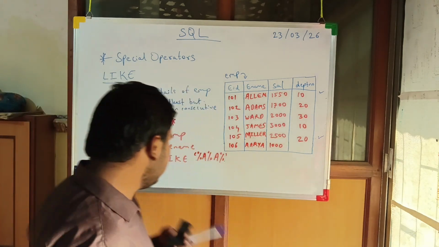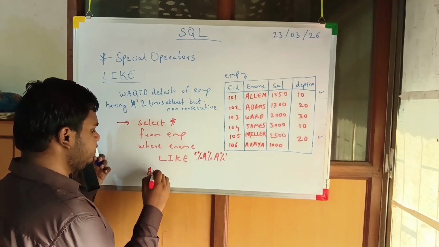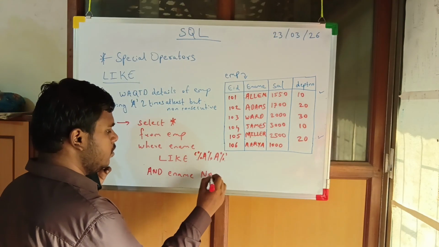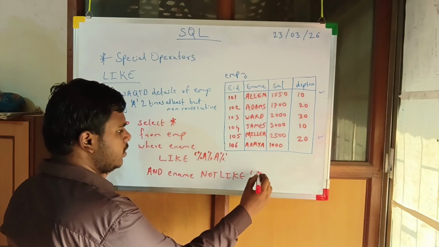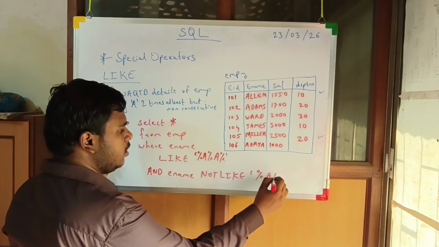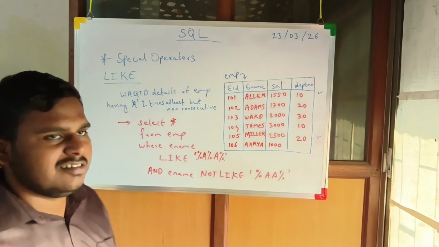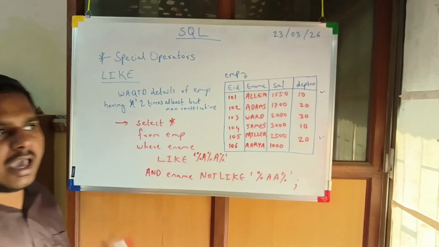So what I will do, add one more condition, and E name not like percentage A A percentage. So this is one more condition you are adding using the AND operator.